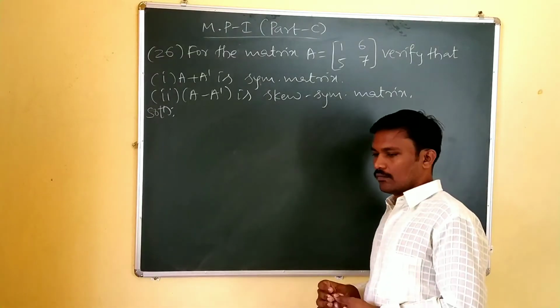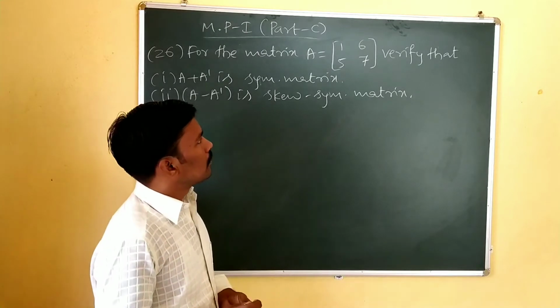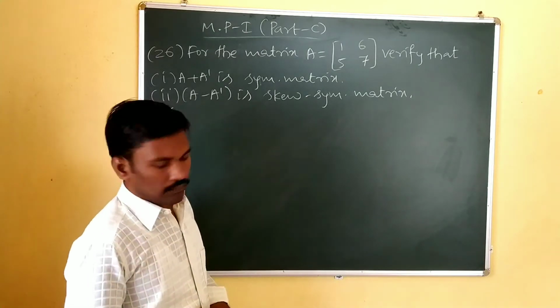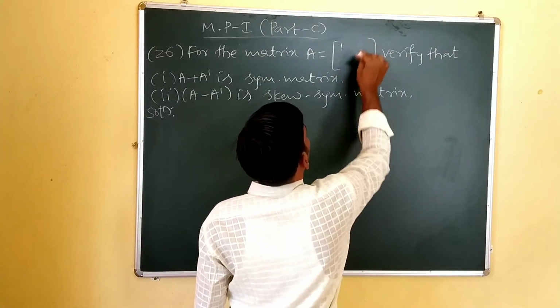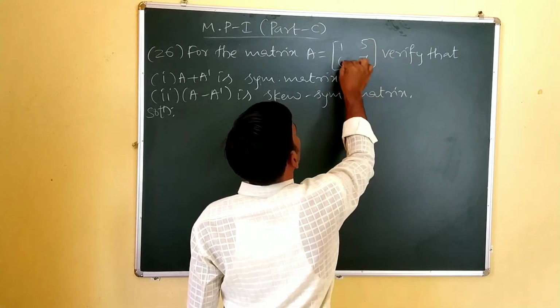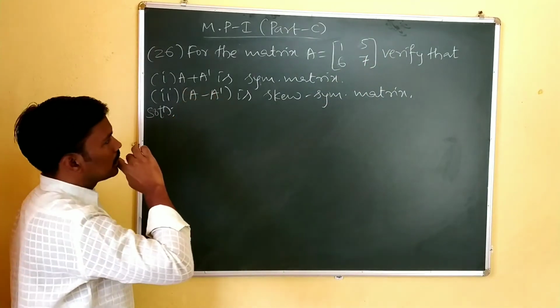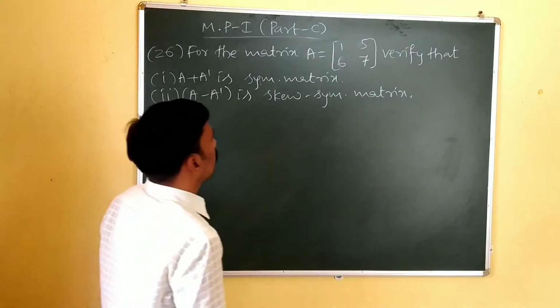See the next question, number 26. For the matrix A equal to [1 5; 6 7], verify that A plus A dash is a symmetric matrix and A minus A dash is a skew symmetric matrix.